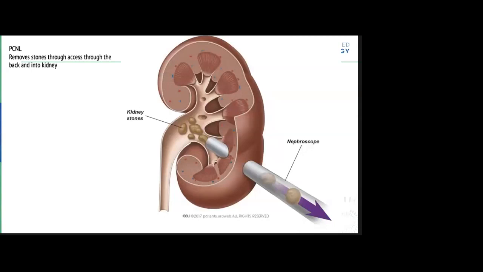The primary appeal of PCNL is that it has a superior stone-free rate when compared to flexible ureteroscopy in the stones that are higher up, especially in stones that are large and in complex different calyces. But it does carry a higher risk profile because you're establishing a tract through the kidney.